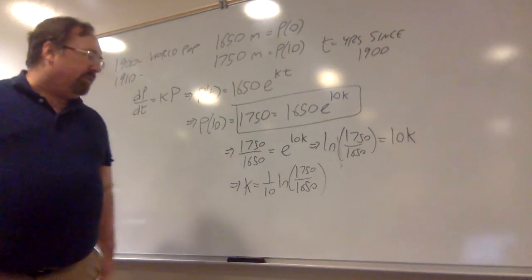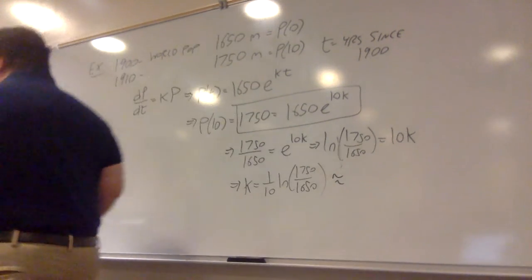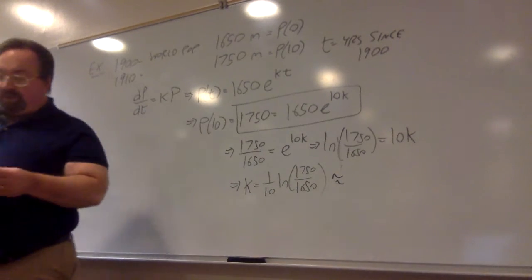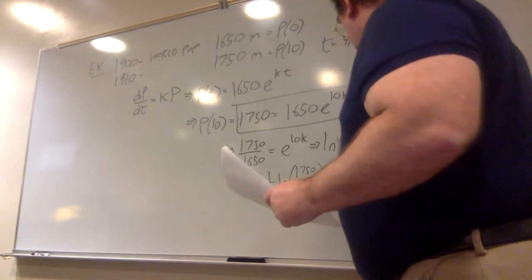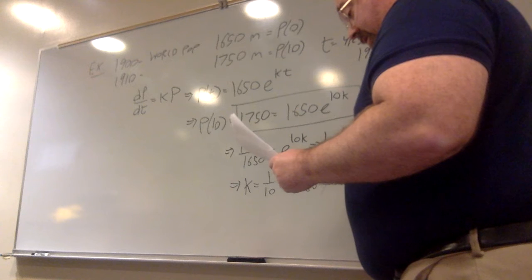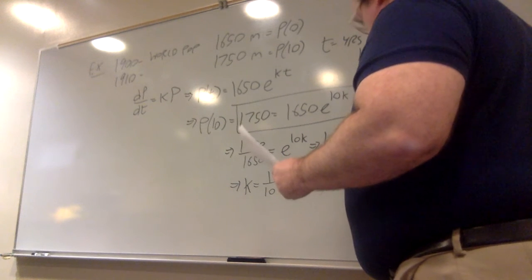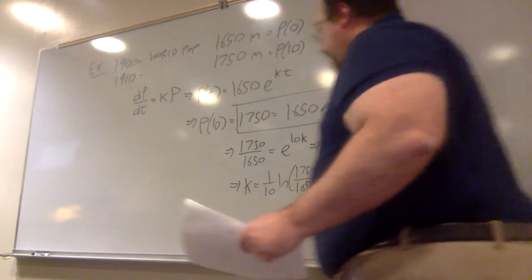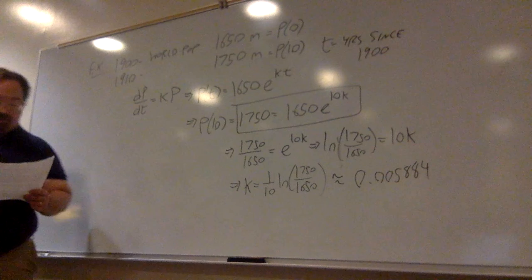Now at this point, you have no choice but to go to your calculator. And what your calculator will give you to a few decimal places is a pretty small value, 0.005884. Okay, so pretty slow exponential growth.